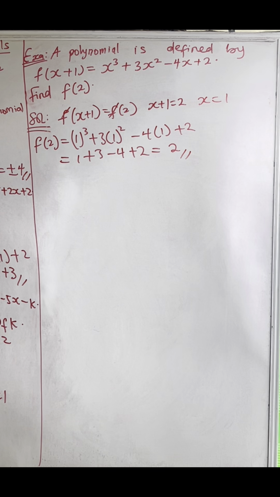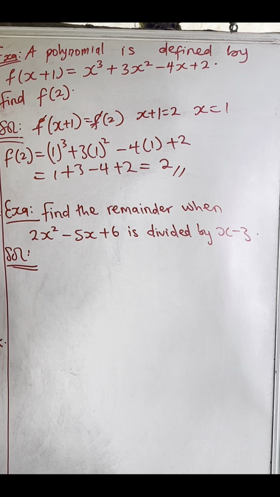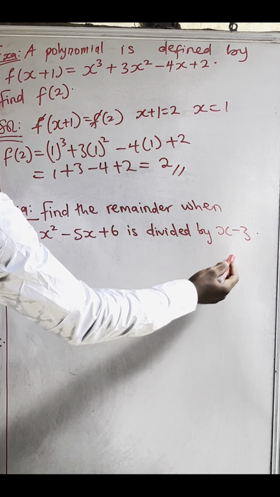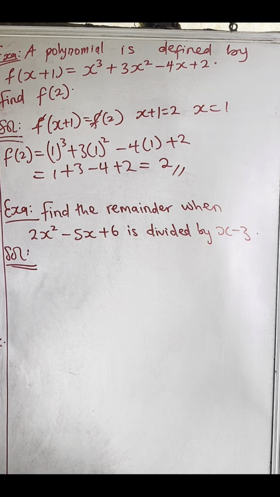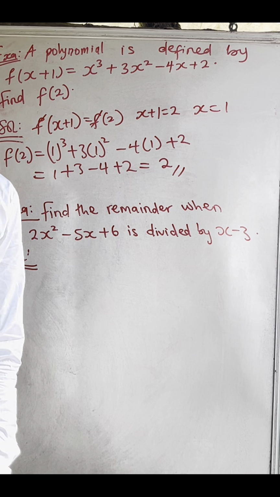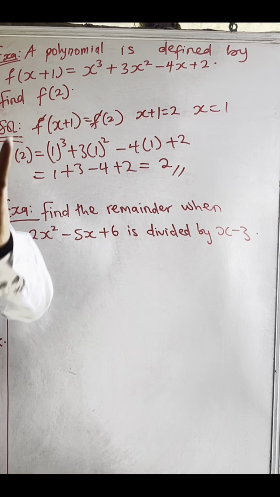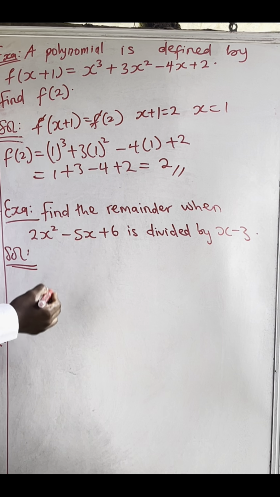Let's look at the last example, guys. In this example, the question is: find the remainder when this expression is divided by this. In this type of question, you don't need to use the division method. Whenever they ask you to look for the remainder, just use this scope. Just write the solution.